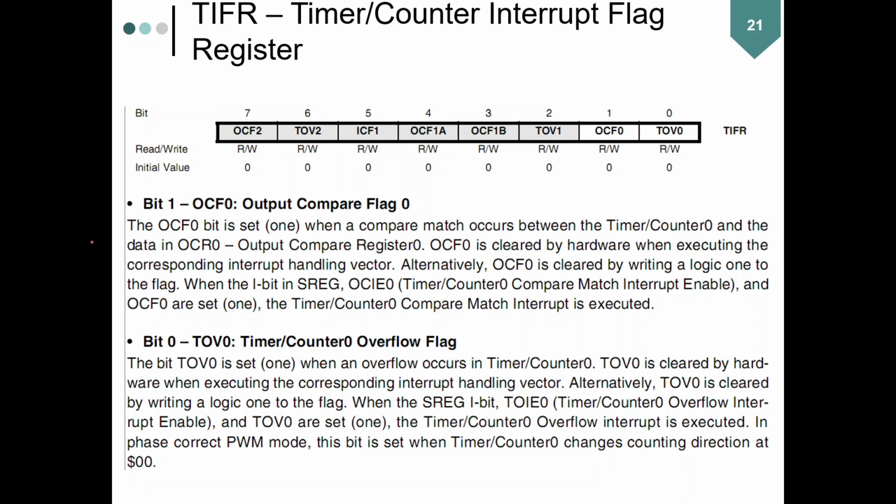Once the timer value and the amount up to which you want to count become equal, this flag is set to 1, and this tells that the interrupt has occurred.